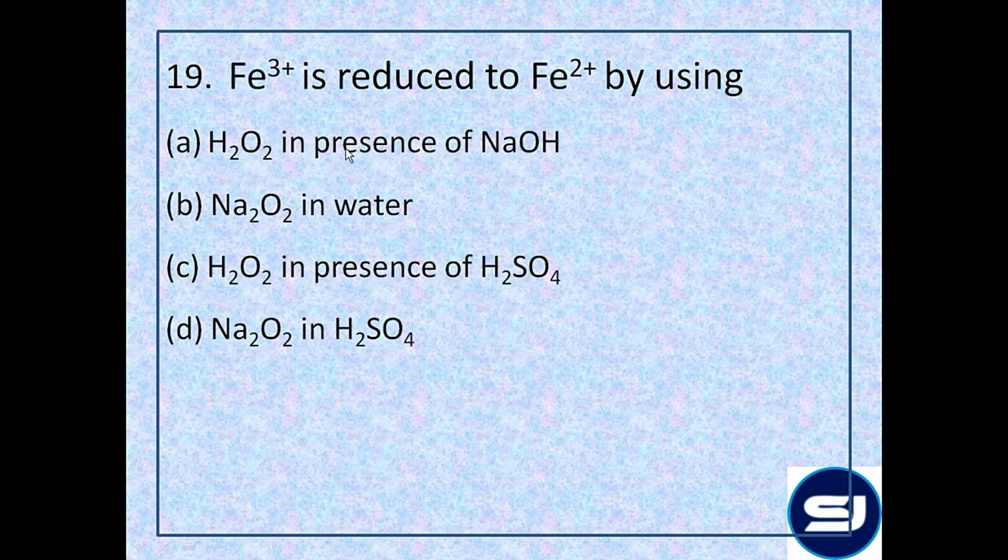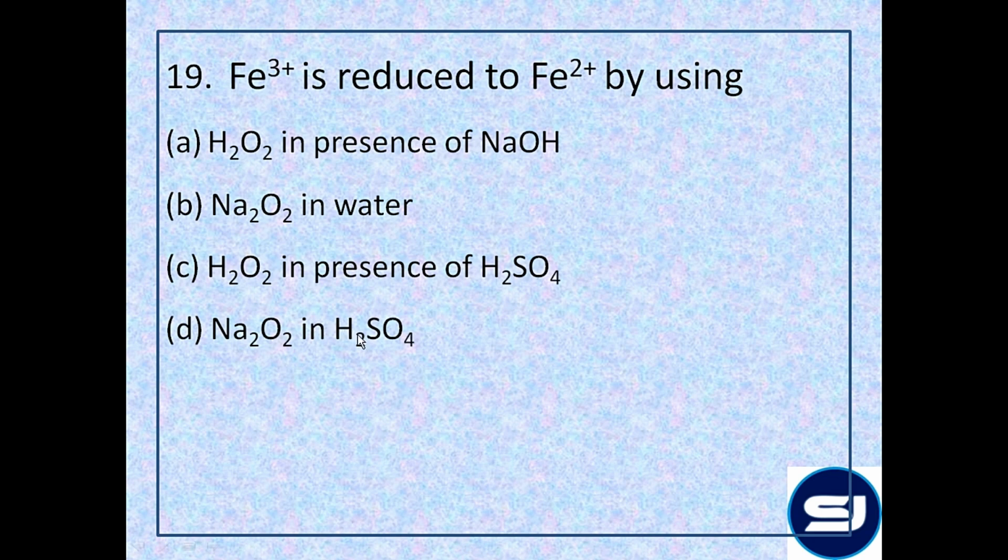H₂O₂ in presence of NaOH and Na2O2 in water are equivalent because when Na2O2 dissolves in water, it forms sodium hydroxide and hydrogen peroxide. Similarly, options C and D are equivalent. H₂O₂ in presence of H2SO4 and Na2O2 in H2SO4.